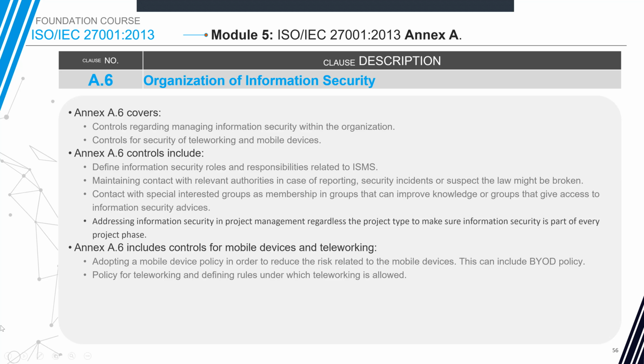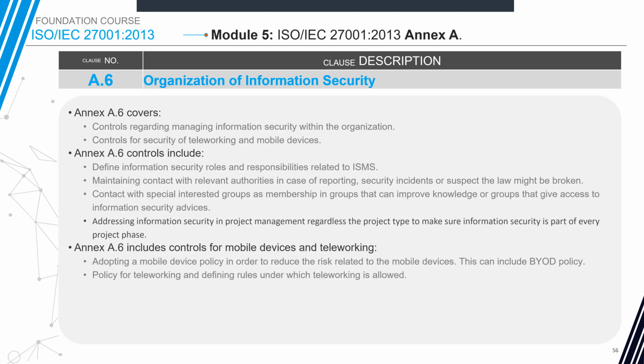Another point, gentlemen, which I want you to take care of. Look here at what we are saying. Addressing information security in project management: regardless of the project type, make sure information security is a part of every project phase. Whatever the project type, maybe manufacturing, maybe construction, whatever it is, just name it, we have to make sure that security is involved in all the project types and phases.